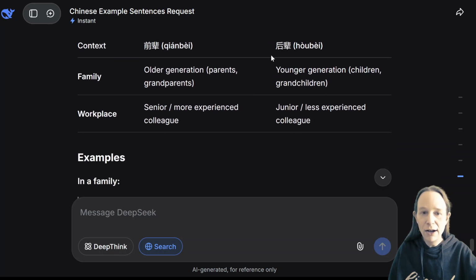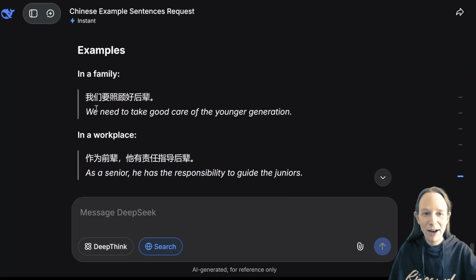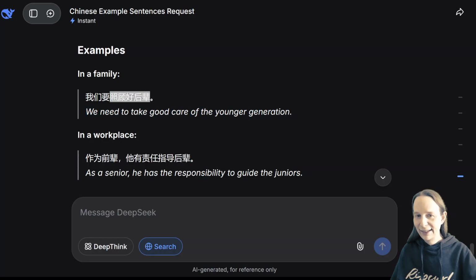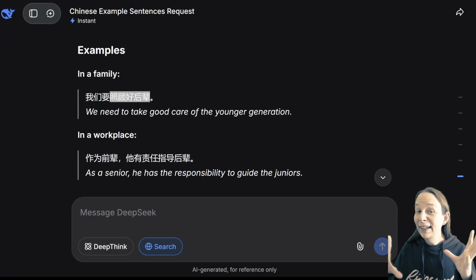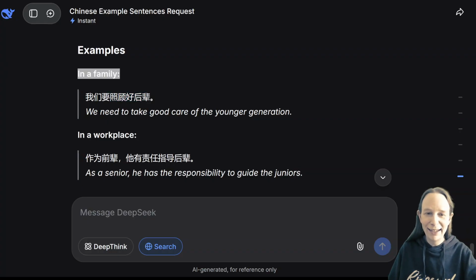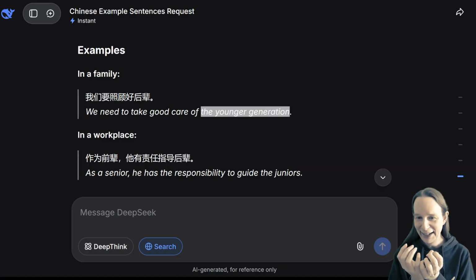And workplace. 我们要照顾好后辈, the younger generation. This is very abstract, isn't it? This isn't talking about in the family. This is like society. Oh, no, it is saying in a family. The younger generation.